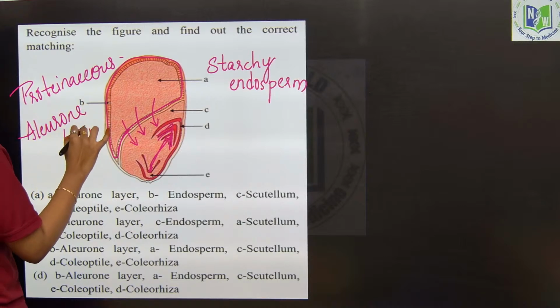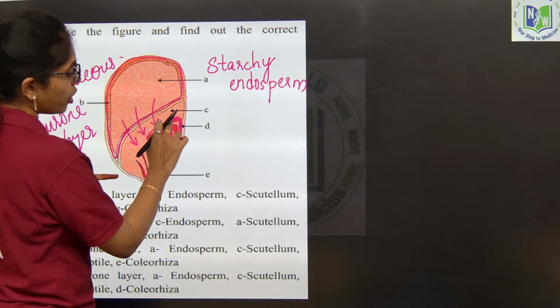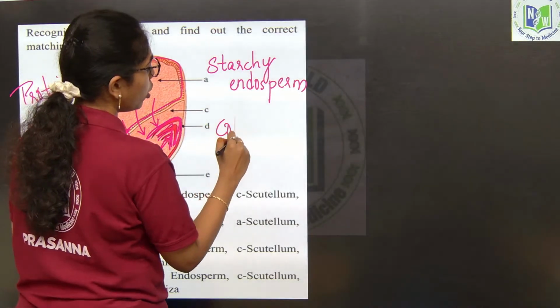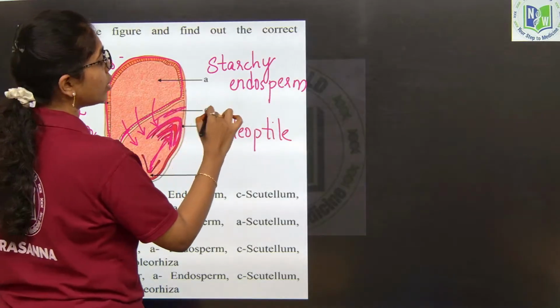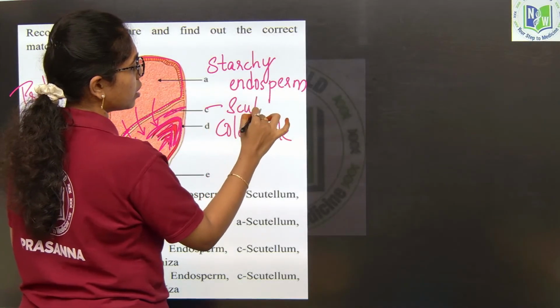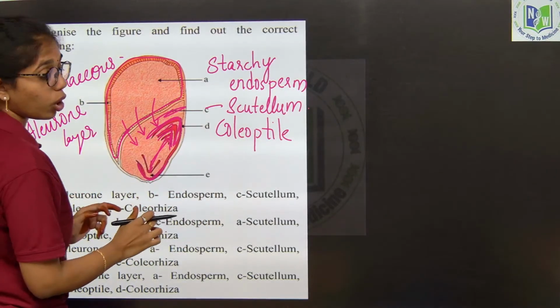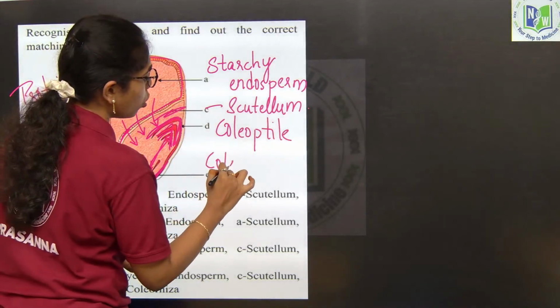B is the aleurone layer. And this is the embryonal axis, right beta? D is what? The protective sheath above the plumule is called what? Coleoptile. And C is what? Scutellum, which is the papery cotyledon. Scutellum. Okay. And here E is what? Coleorhiza, which is the sheath covering the radicle. Okay, this is coleorhiza.